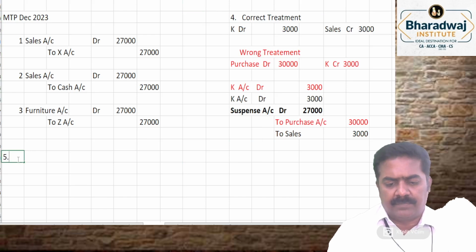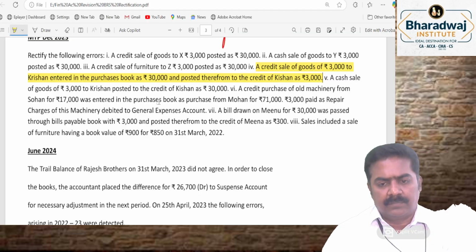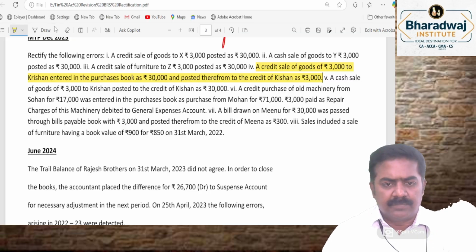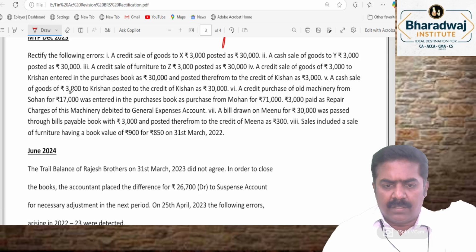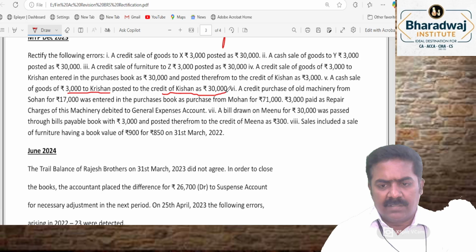Fifth one. Fifth என்ன கொடுத்திருக்கோம்? Cash sales 3,000 to Krishnan was posted to credit of Krishnan as how much? Okay.